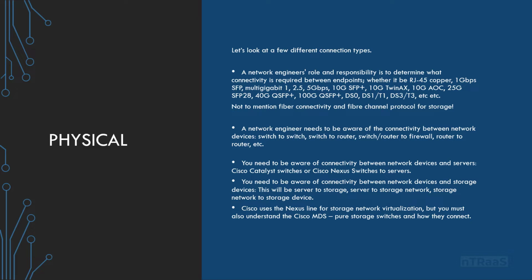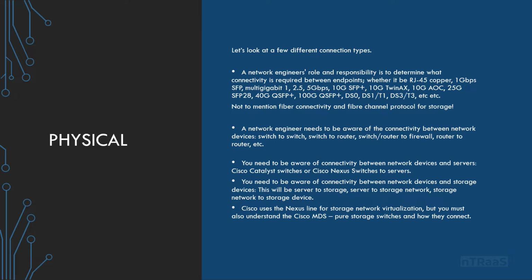One of the great things about copper is you can actually negotiate between 1 gig and, in this example, 10 gig. So my computer actually has a 2.5 gigabit NIC. However, I'm plugged into a 1 gigabit per second switch. And that's kind of what they mean by multi-gigabit. So you have the ability to go from 1 to 2.5 to 5 to 10 gig, etc.